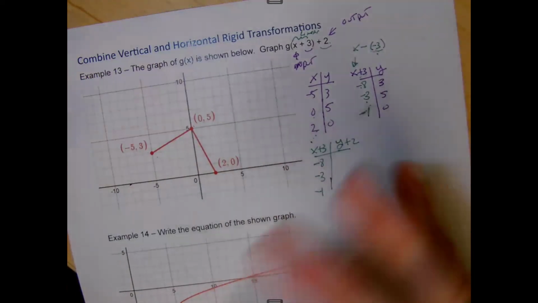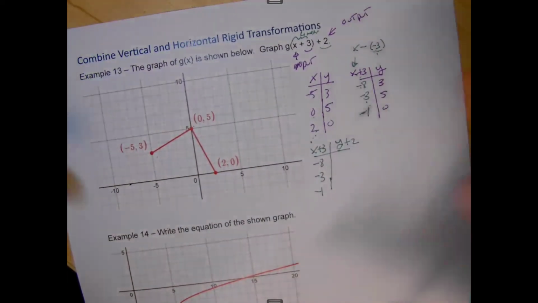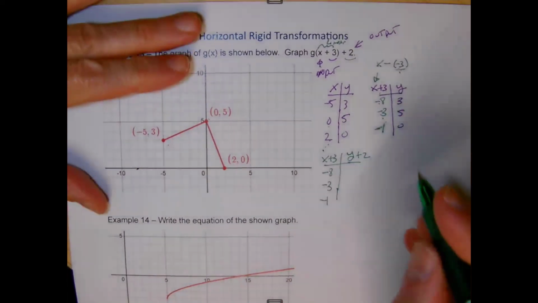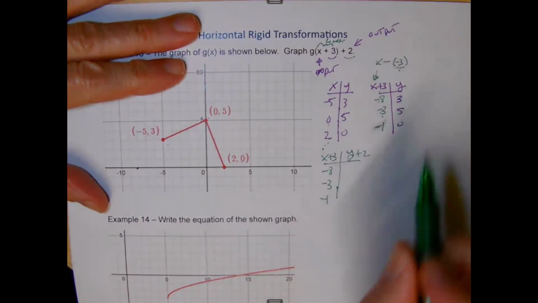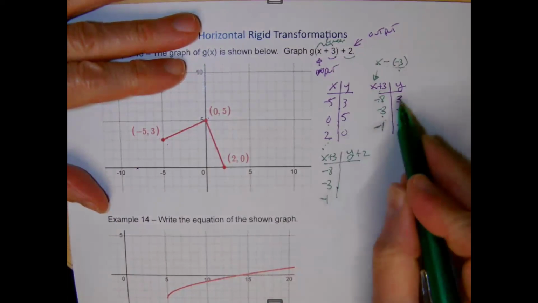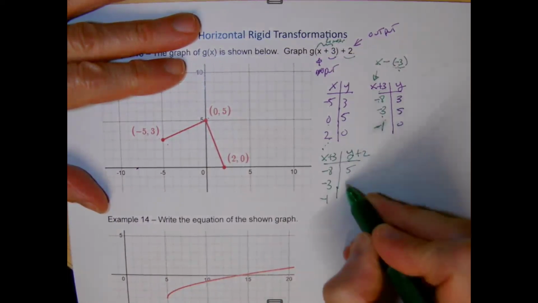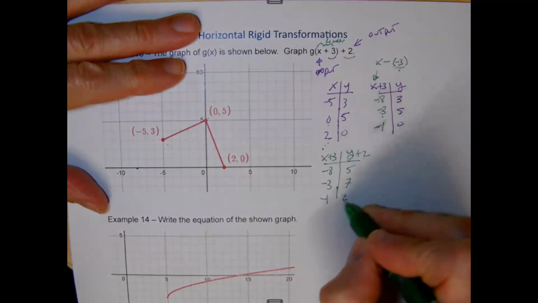It doesn't change the shape, so I can individually handle things as long as I understand how this works. So now the y value is just going to be a 2. Add 2 to everything. So 3 plus 2 is 5. 5 plus 2 is 7. And 0 plus 2 is 2.